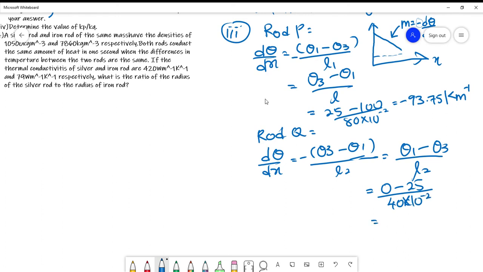So this one is negative 25 over 40 times 10 to the power negative 2, which is basically 62.5 K per meter.